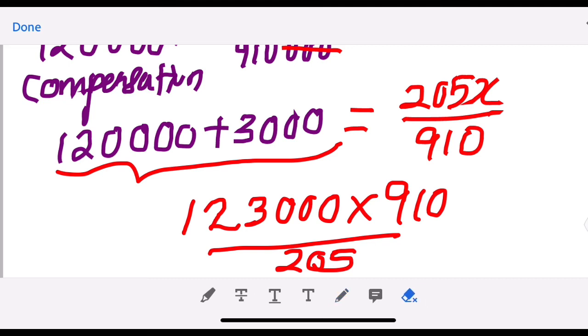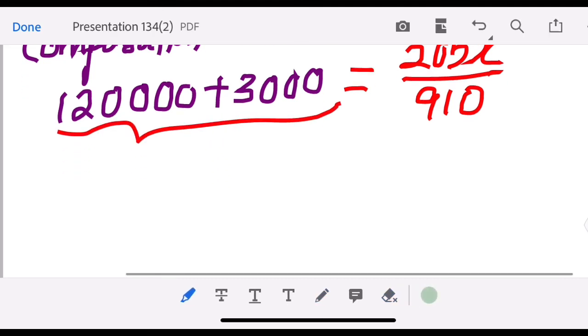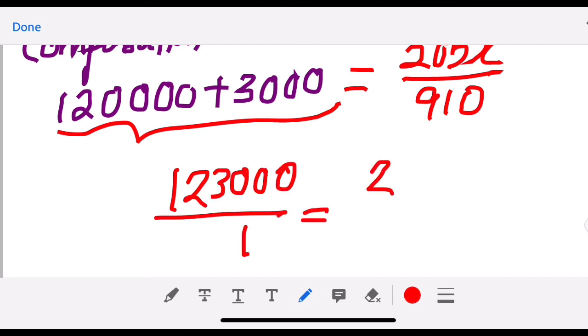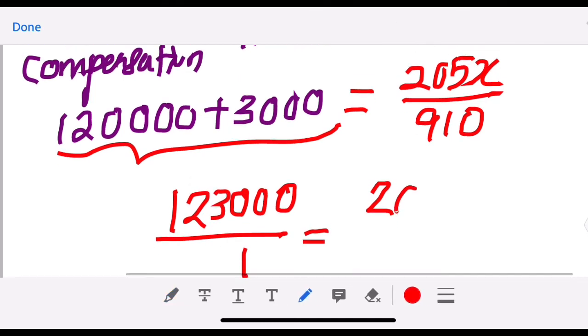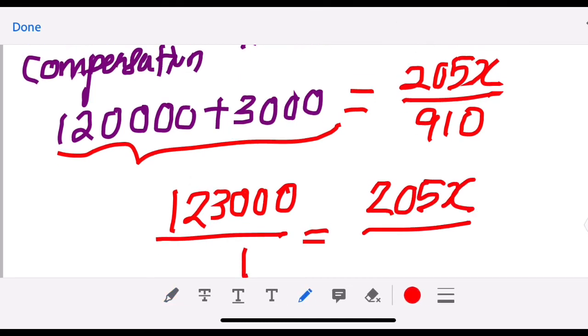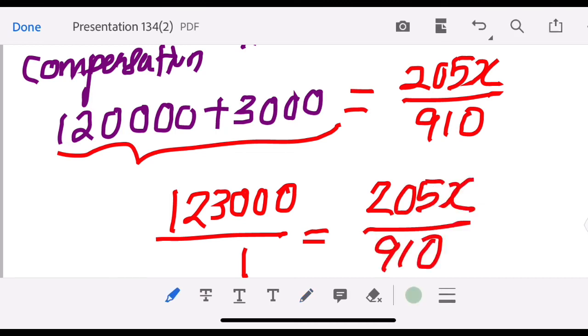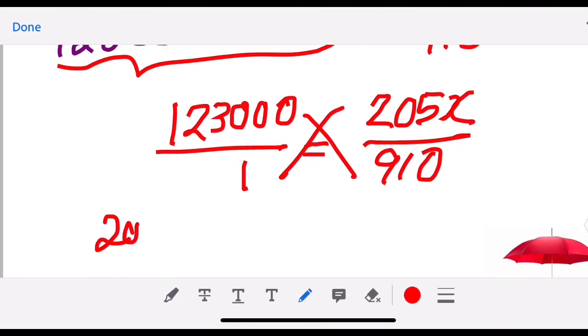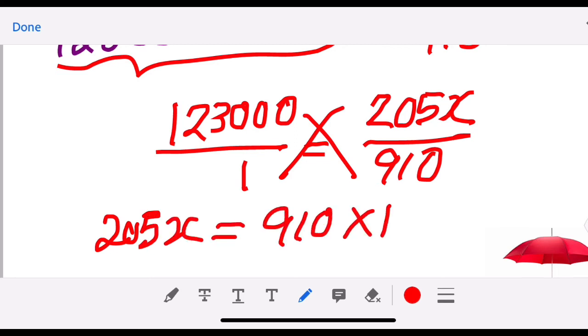Do you understand? Let me show you how to do it properly. So it's 123,000 over 1 equal to 205x over 910. So let's cross multiply. 205x is equal to 910 times 123,000, right?